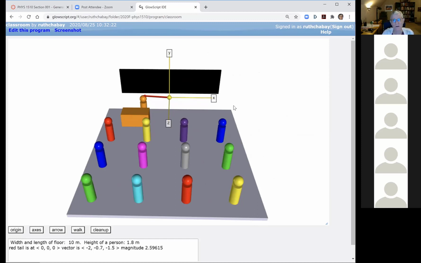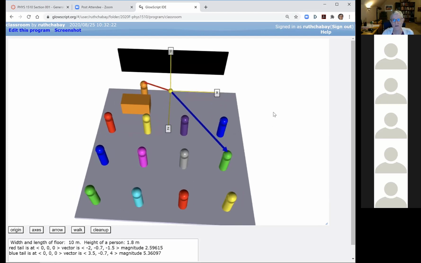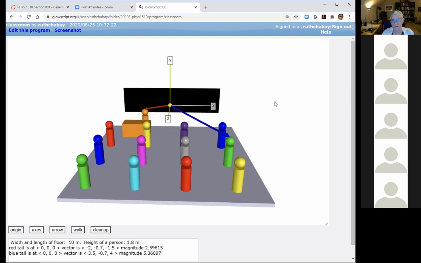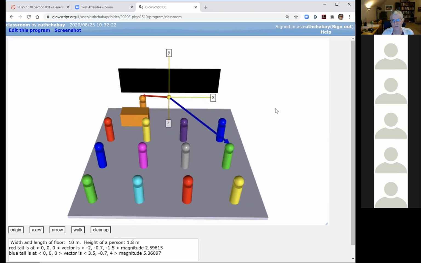Okay. So let's draw another position vector. Let's start at the origin and draw an arrow to this green student over here. Now let's think about what the signs of the coordinates ought to be. The x-coordinate of this position vector ought to be positive because we went in the plus x direction.